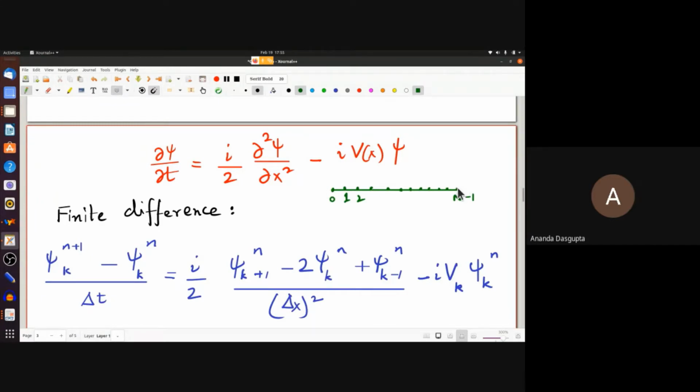So what you are talking about is psi k n. You can think of that as trying to solve one single ODE for each one of the small k values, that is, for each one of the capital N small k values.